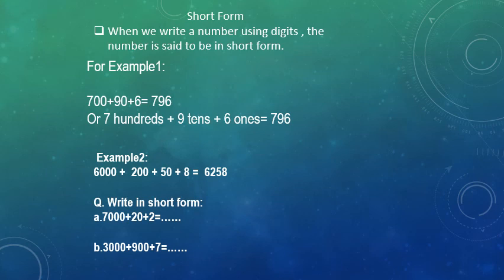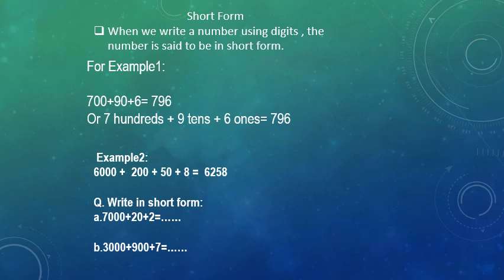In the second example, expanded form is given, 6000 plus 200 plus 50 plus 8, and you have to write it in short form. Then you will use digits only. So the digits are 6, 2, 5, 8. The number will be 6258.